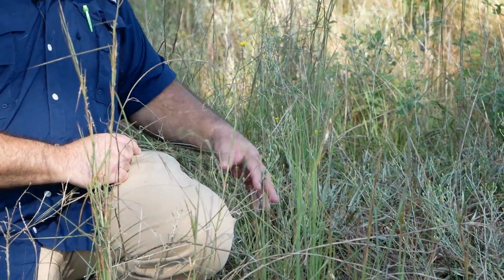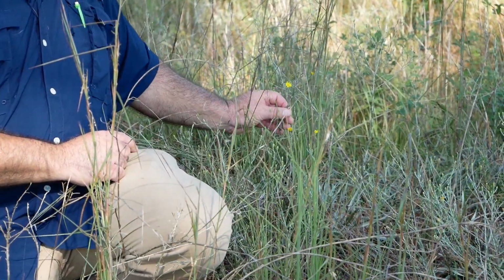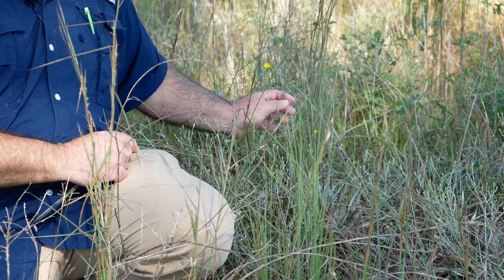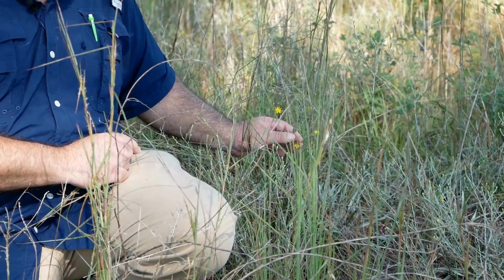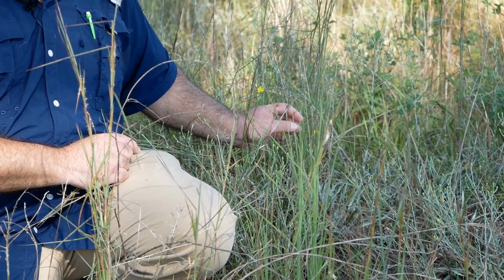This plant here to my left, you can see some of the blooms on it, these small yellow flowers. This is Pityopsis graminifolia, or silk-leaved aster. It's another one of the composites that are important because they attract a lot of insects, and so those young quail can get the insects that they need, that protein source. It also produces seeds.